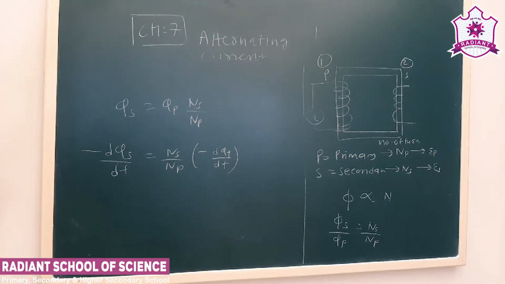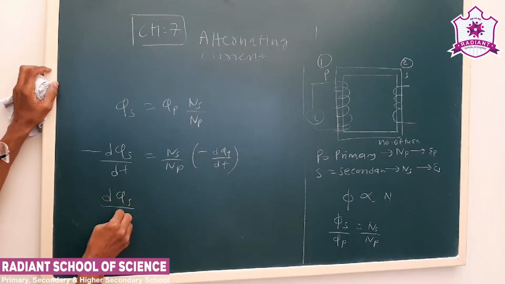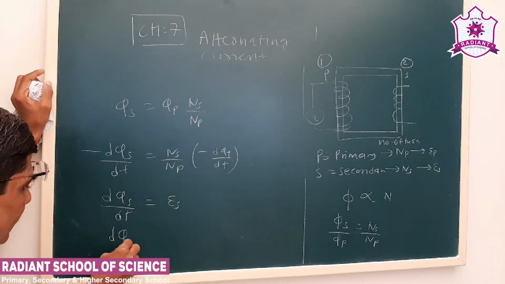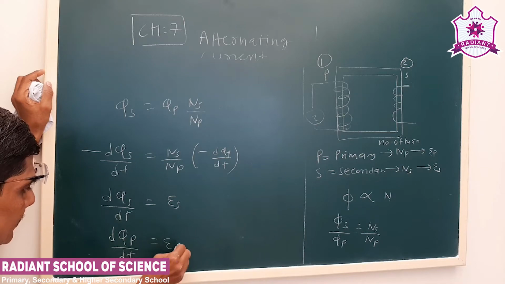Now see, dφs/dt is Es, and dφp/dt is Ep.